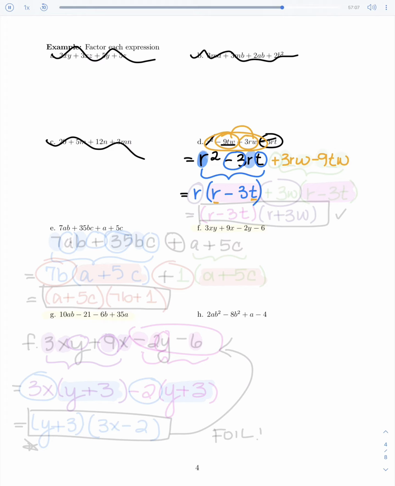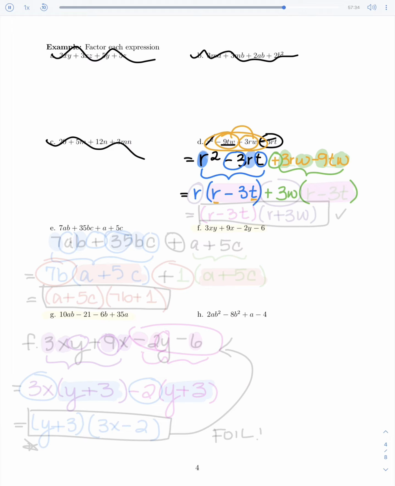Now, the question is, what do those two have in common? Well, they have a 3 and a 9, so they're both divisible by 3. I'm not going to pull out a negative this time because I have a plus on my first term, not a minus or a negative. What else do they have in common? They both have a W. So let's pull out a 3 and a W. Our leftovers will go inside of their own set of parentheses.